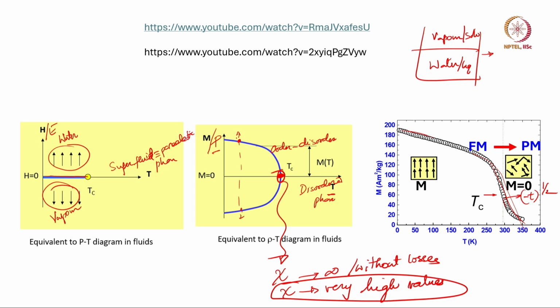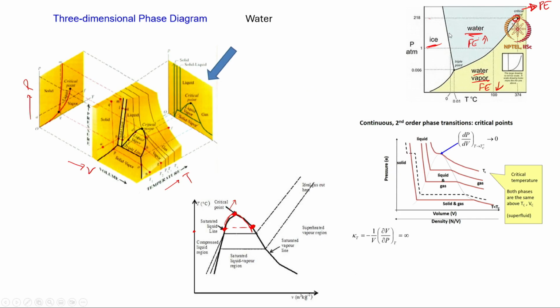As I keep on going towards the critical point, initially I am at, let us say, room temperature, somewhere here, and from here I am trying to go towards the critical point. That would entail increasing pressure and increasing temperature, let us put it that way.